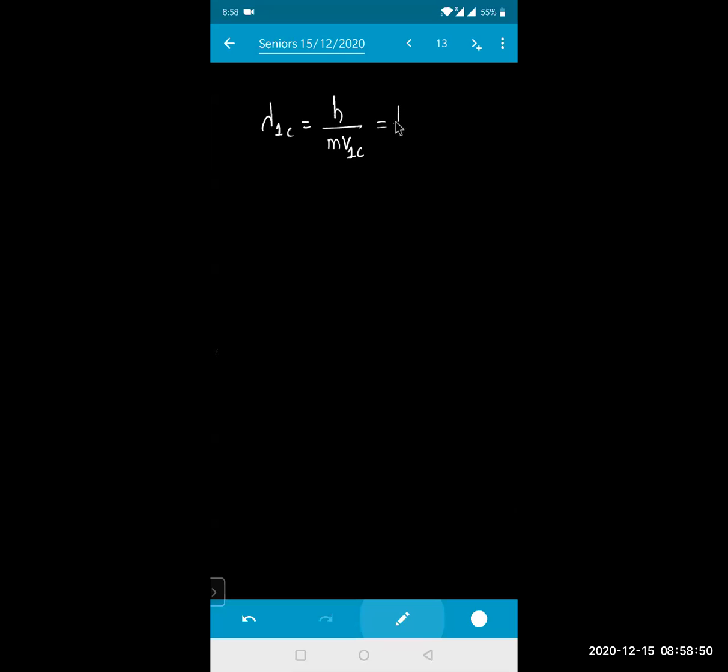So that equals h by m into, this is 1 by vc, that means this will become 1 by under root of 1 by lambda 1 square plus 1 by lambda 2 square, isn't it?